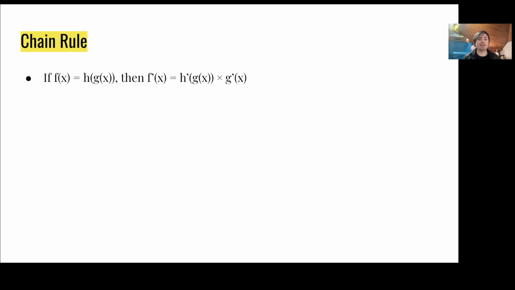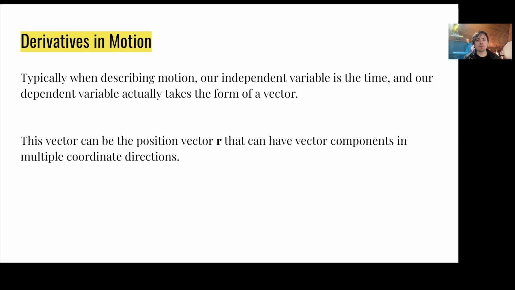And then finally, the chain rule. If you have a composite function, say f of x equals h of g of x, then the derivative of f of x would equal h prime, the outer function's derivative, evaluated at the original function g of x, multiplied by the derivative of that interior function.